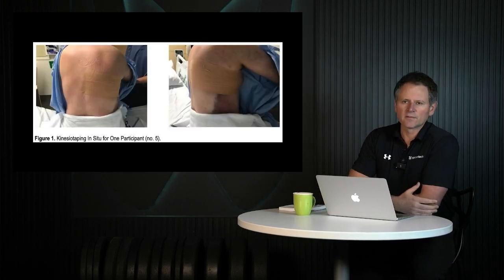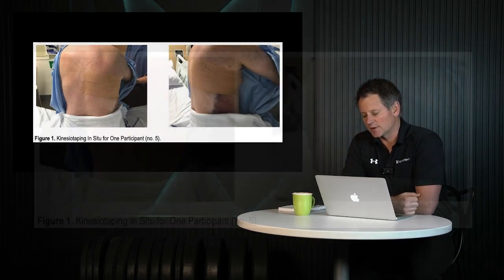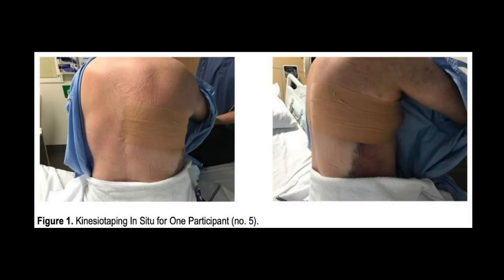And so if we come here, we see how they taped for this fracture. They essentially just put a tape around where the fracture was. This makes total sense. If I was to tape for rib dysfunction, someone who has an irritated, painful rib, I would tape in the same way.